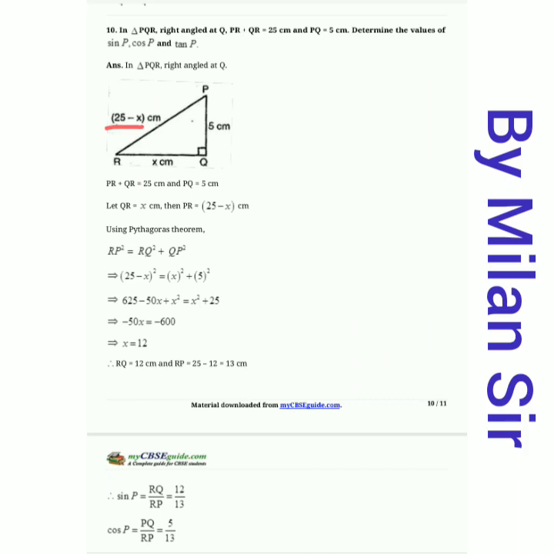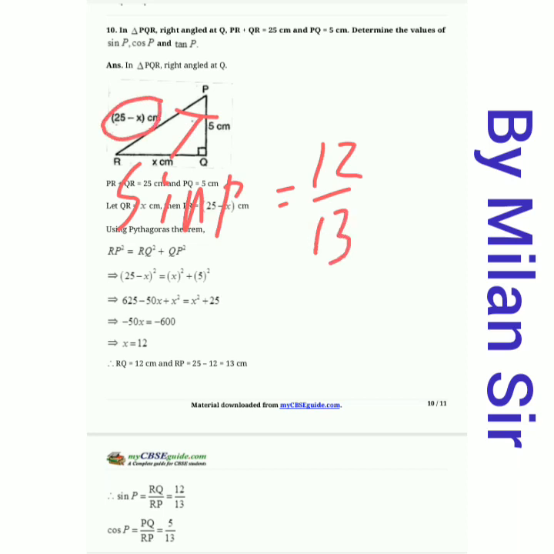Now for sine P, P is our reference angle, opposite side it's x, x means 12, and hypotenuse PR, we got 13, so sine P is equal to 12 by 13.